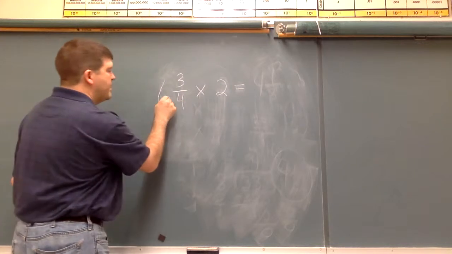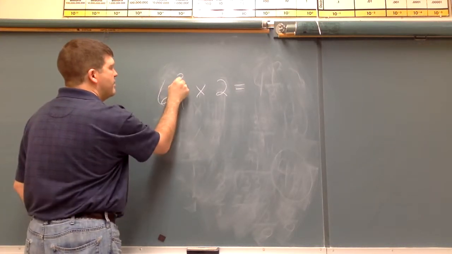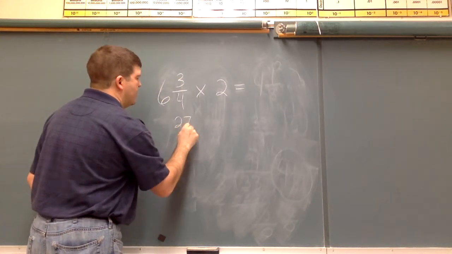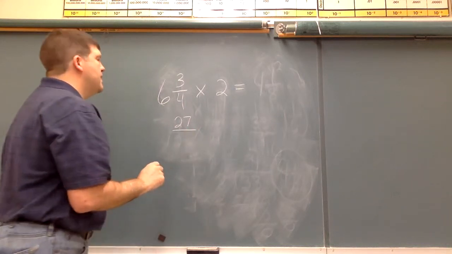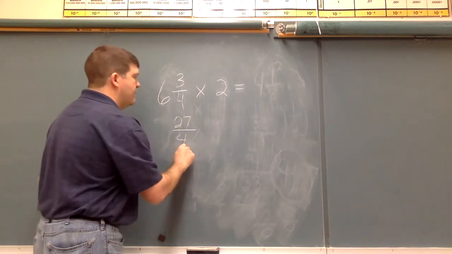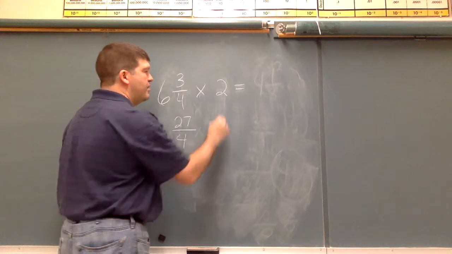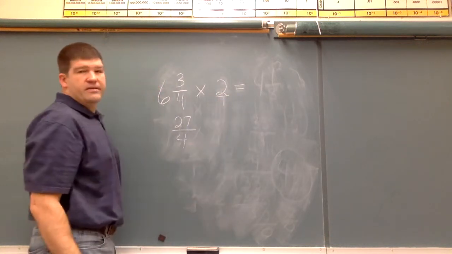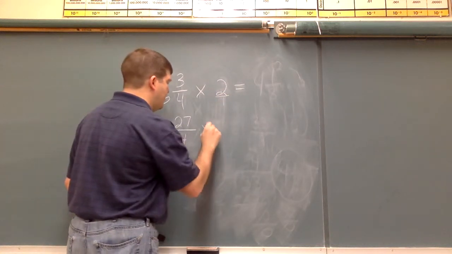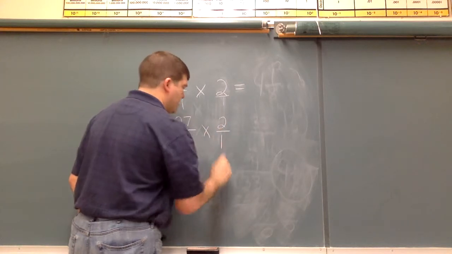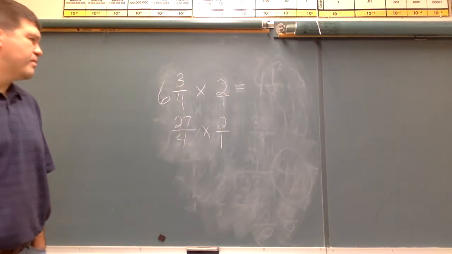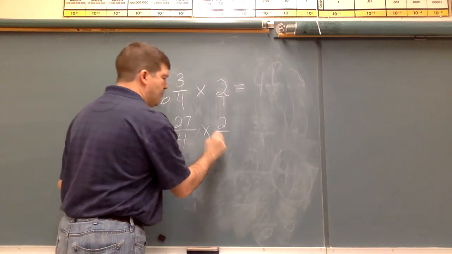Okay? 4 times 6 is 24, plus 3, 27. And then I bring my 4 down. And the way I make a whole number into a fraction, so just put a 1 under. 2 over 1. Okay. So I have 27 over 4 times 2 over 1.